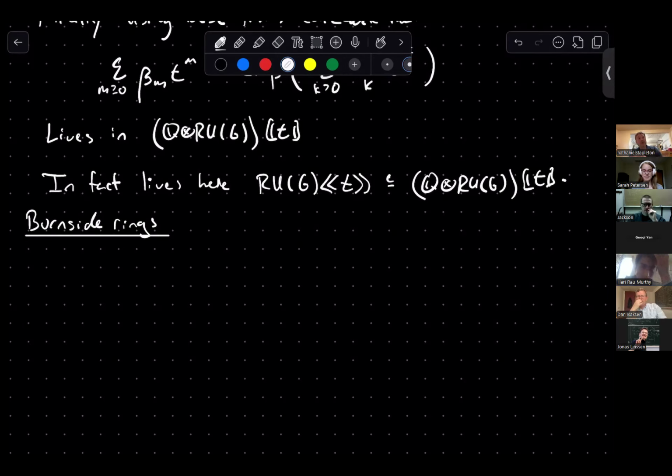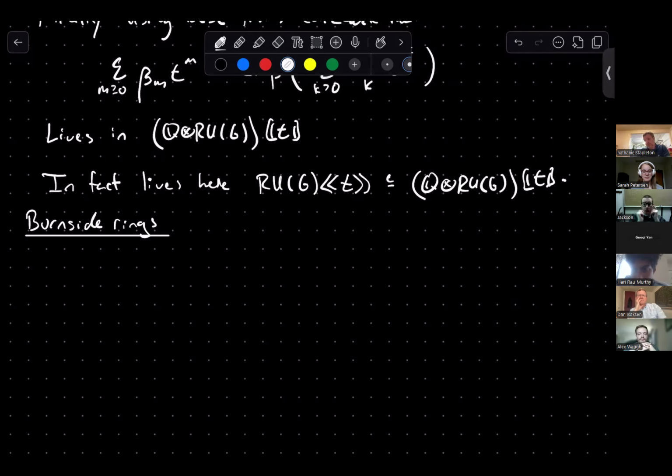A global power functor is a global Green functor equipped with power operations from the value at G to the value at G wreath sigma m for each m. And these need to be compatible in basically the ways that we described for the representation ring last time. So that's yet another object in global algebra that's going to be important to us as we go forward. These are two kinds of multiplicative structures that you could ask for on a global Mackey functor. One is a global Green functor, but another one is a global power functor, which is even more.